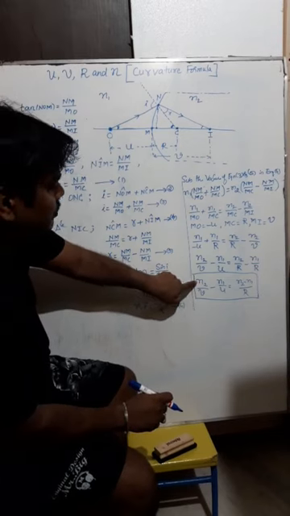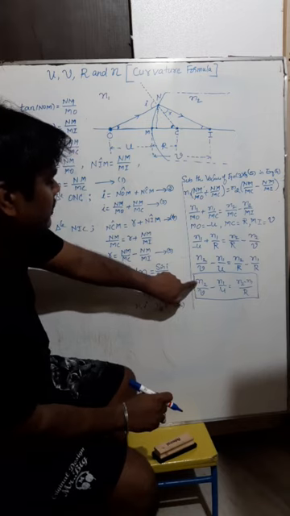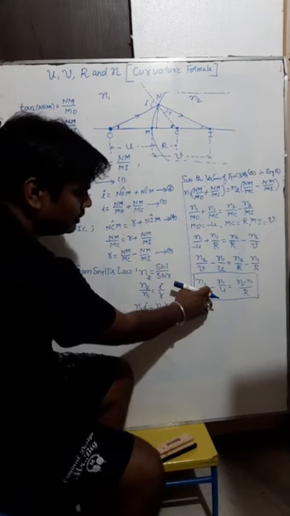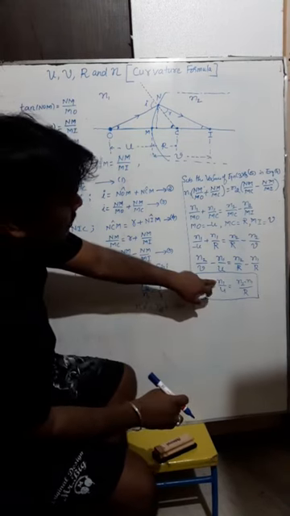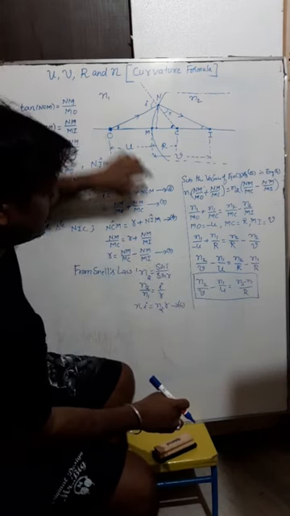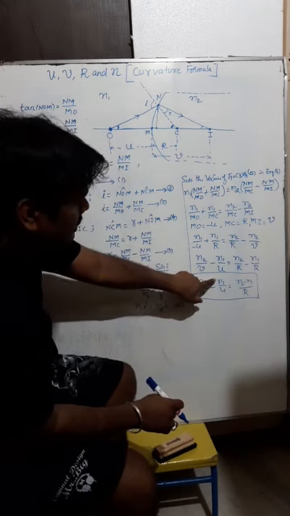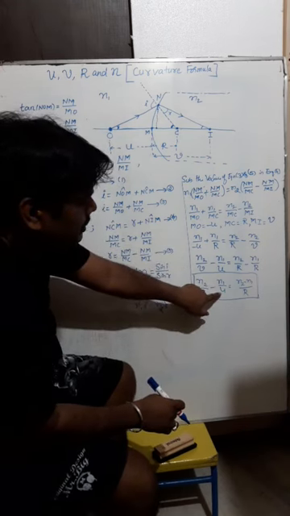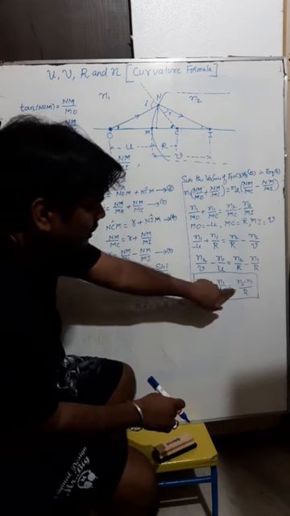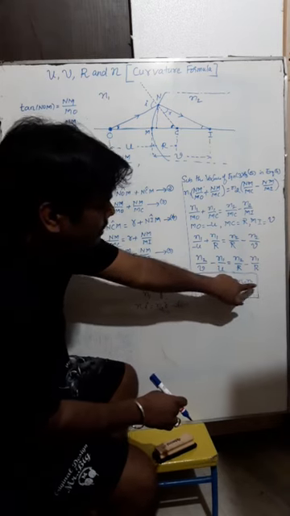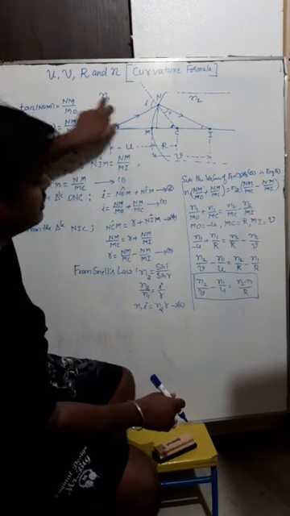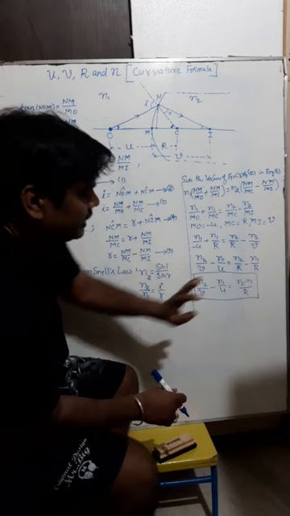So N2 by V means the ratio of refractive index of image space to the image distance, minus the ratio of refractive index of object space to the object distance, where N1 is the refractive index of object space. Minus between these two is equal to N2 minus N1. N2 minus N1 means the difference between refractive indices. N2 is a greater value than N1, that's why it is N2 minus N1 divided by radius of curvature.